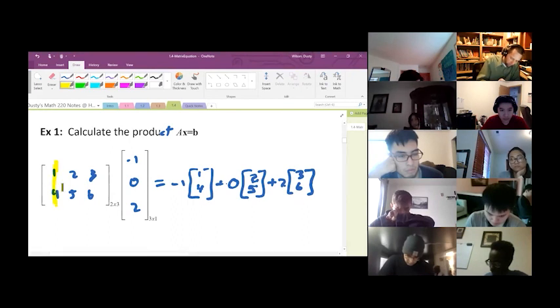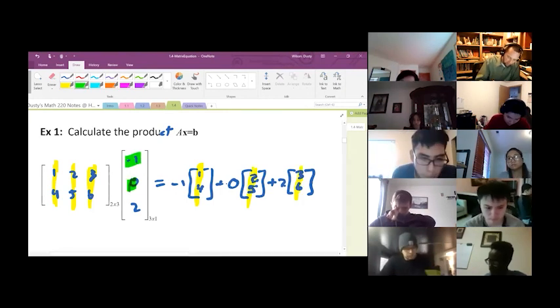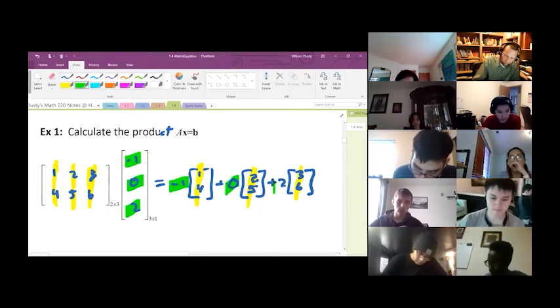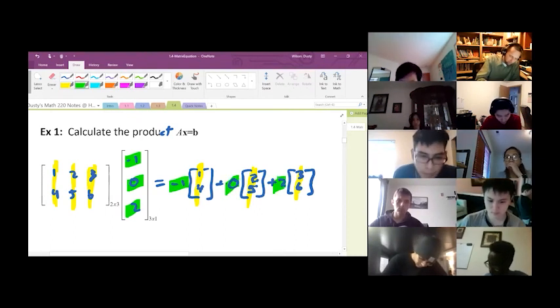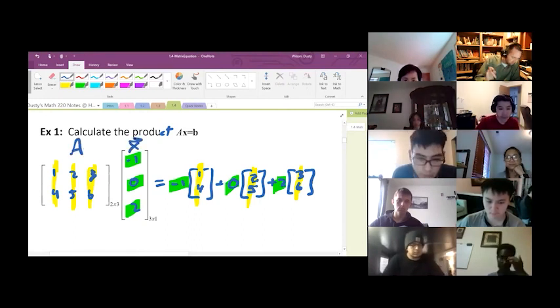Notice that the columns of the matrix A are showing up here, and the entries of vector x are the weights in our linear combination. Here's our A, and here's our x.